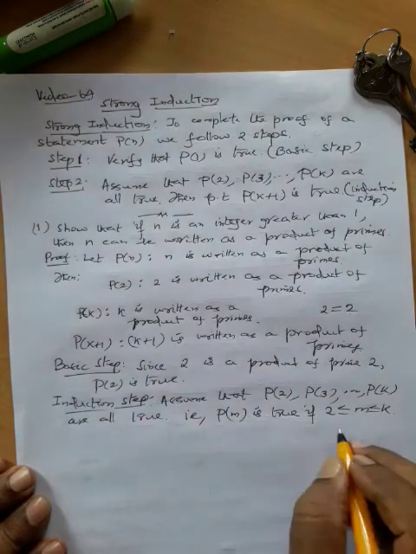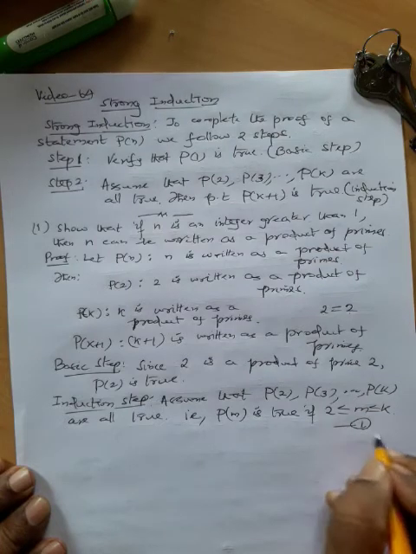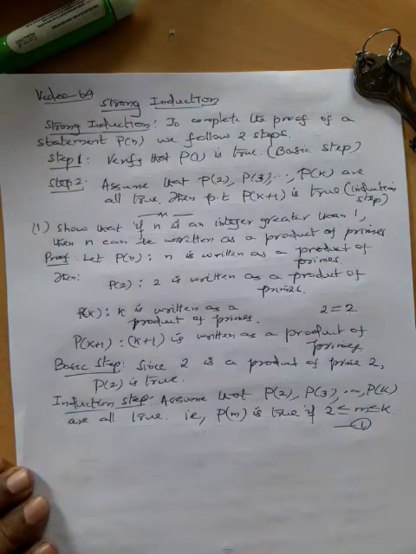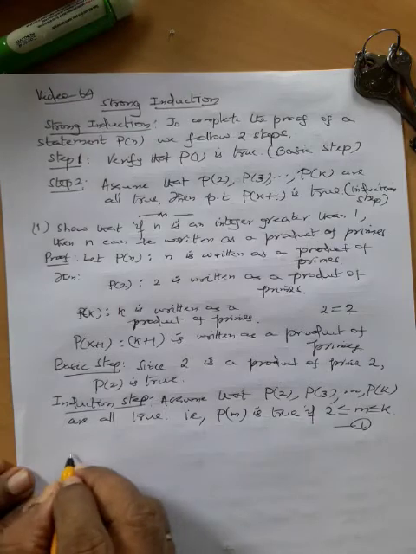So P of m is true. This is our equation number 1. Now we have to prove P of k plus 1 is true.